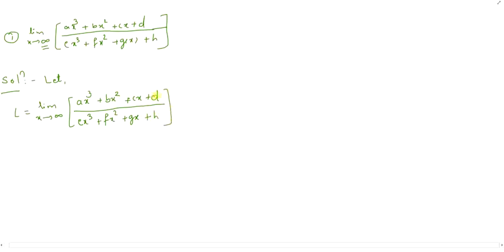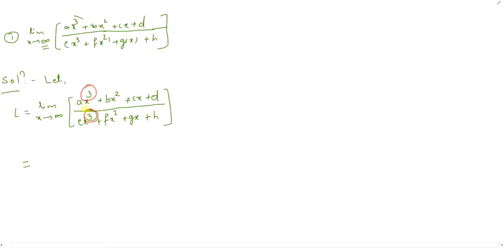Now whenever you face such type of example, always remember to first find out the highest power of x. Which is the highest power of x here? The highest power of x is cube, that is 3.